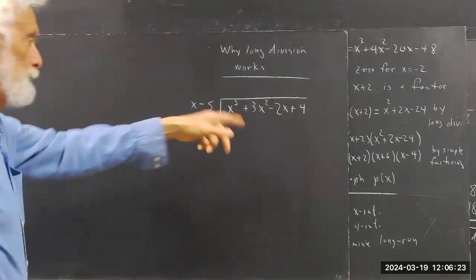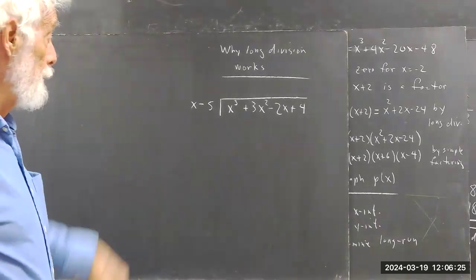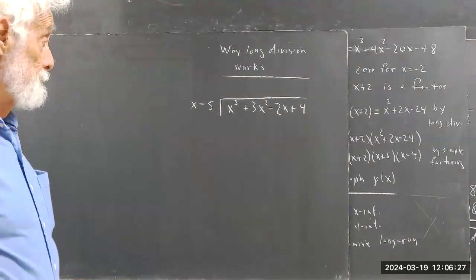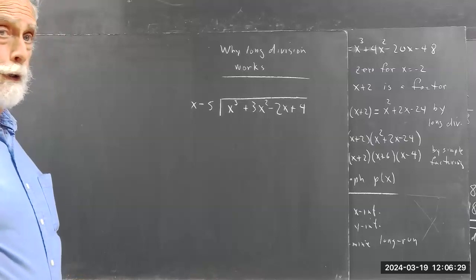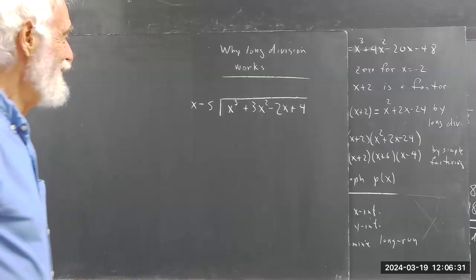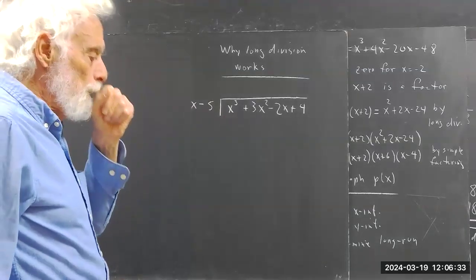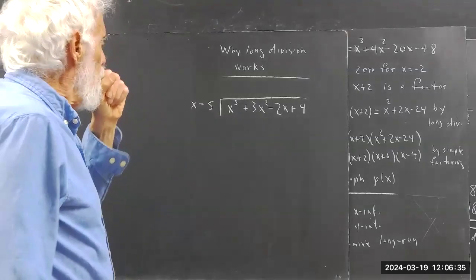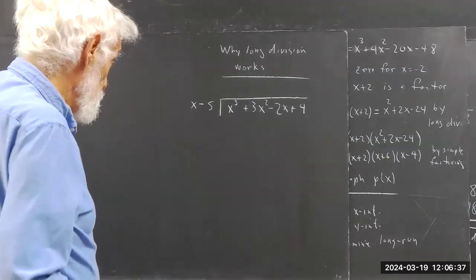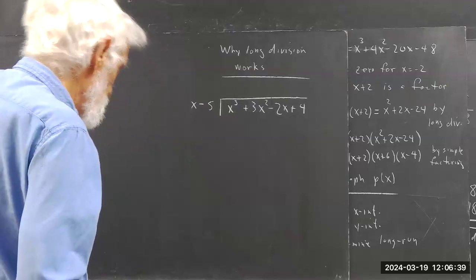Now, I don't think it's going to work. I don't think this is going to divide evenly, but I don't care. Okay, it's going to give us a result anyway.